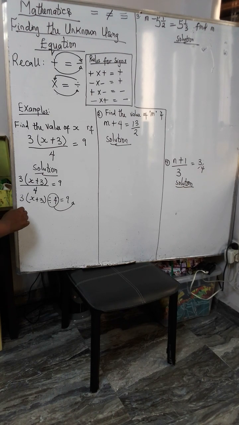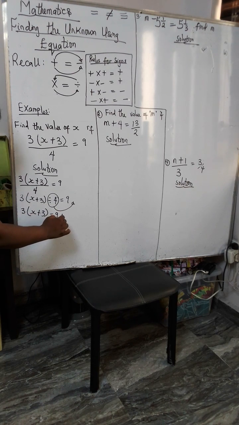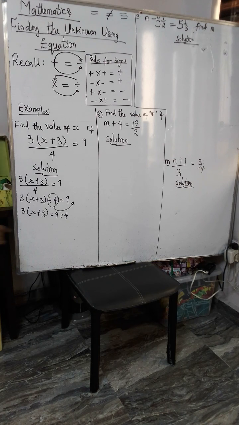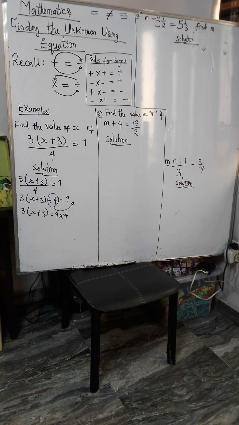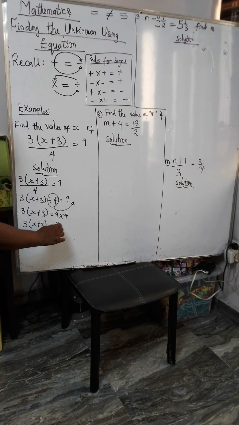So now what I have here will be 3 bracket open x plus 3 equals 9 times 4. Division crossing over the equality sign changes to multiplication. So this is now 3(x plus 3) equals 36.